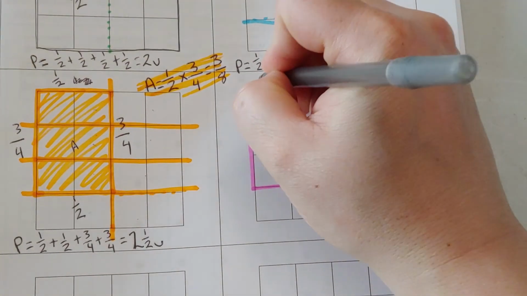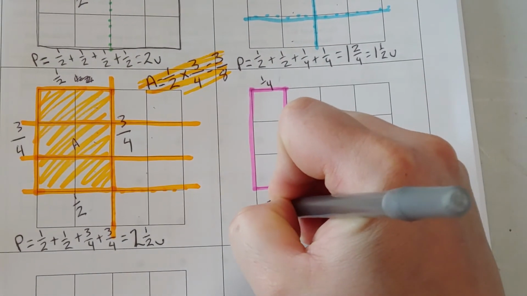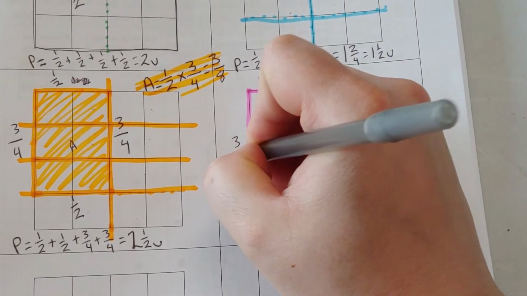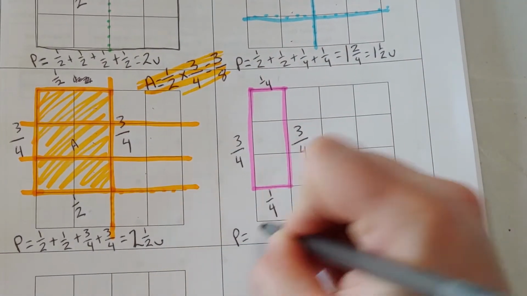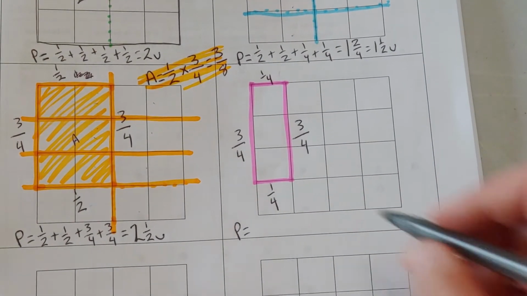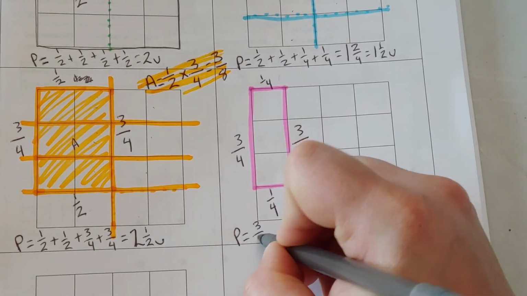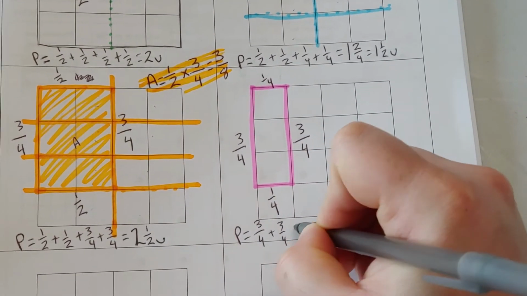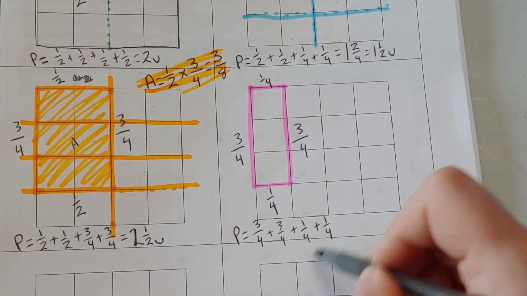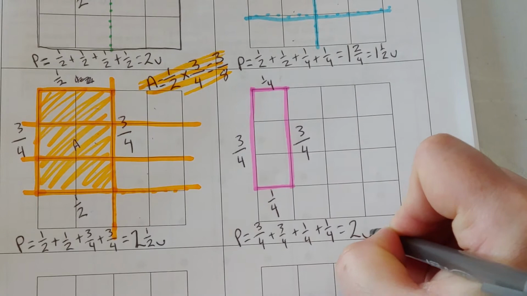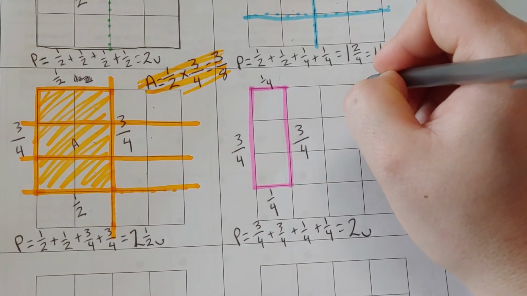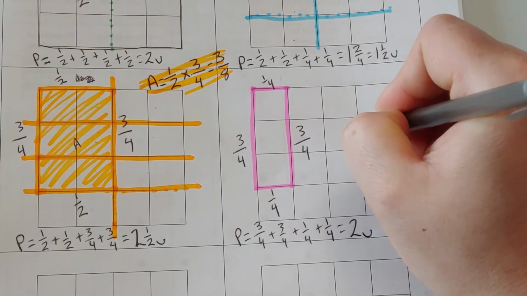All right, so 1/4, 1/4, 3/4, 3/4. Do a little bit of perimeter practice. 3/4 plus 3/4 plus 1/4 plus 1/4. If I look, these are the ones that go together, so this was 2 units. But alas, not what we're working on today. We are looking at area.